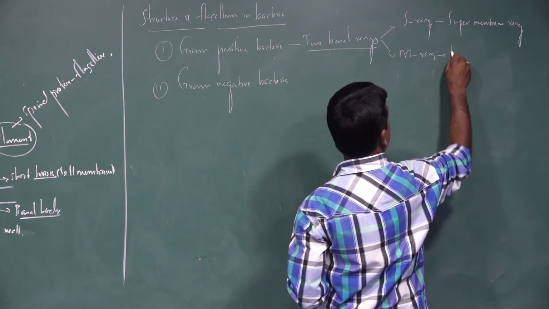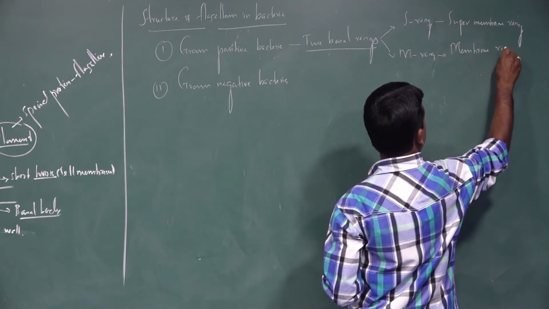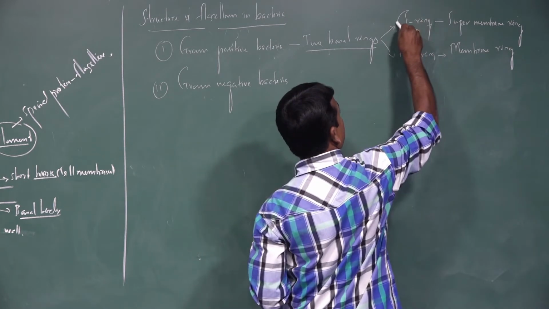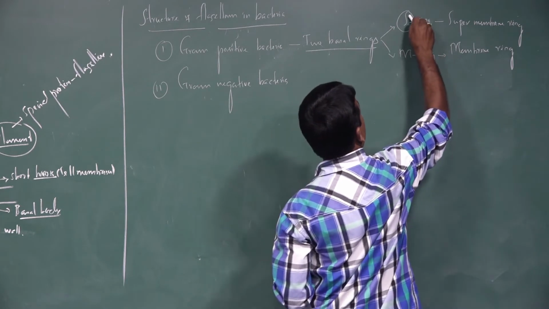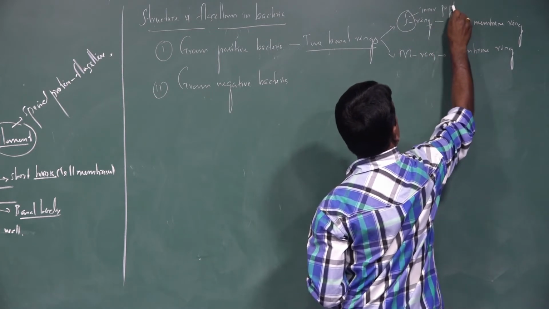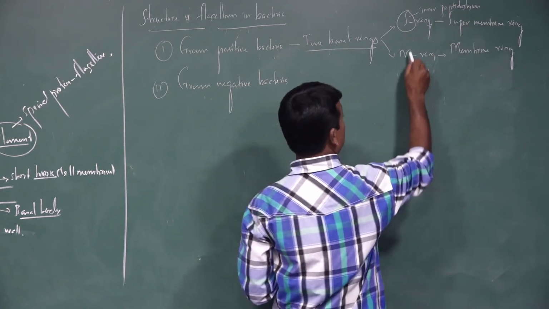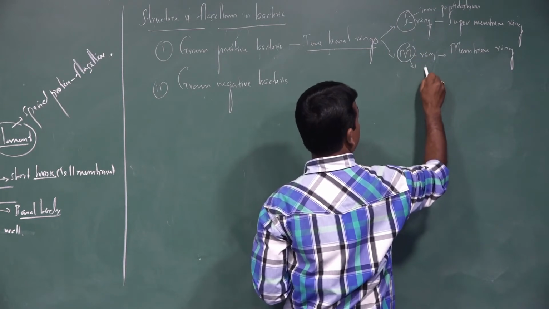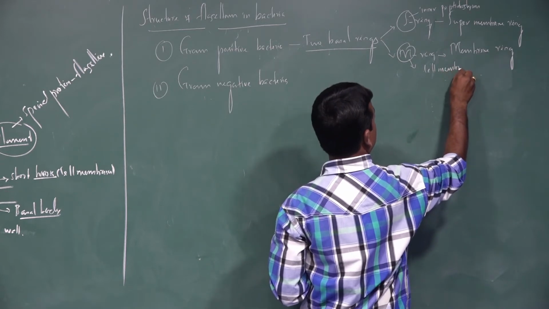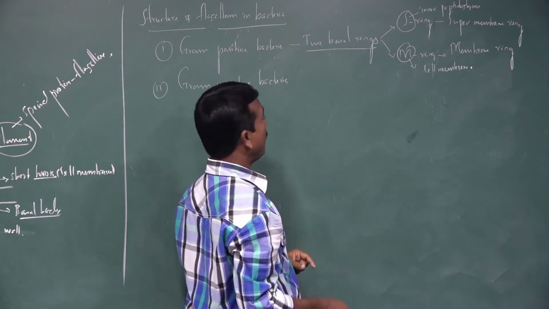What is the M ring? Membrane ring. The S ring is always attached to the inner peptidoglycan. The M ring is always attached to the cell membrane. So there are two rings present in gram-positive bacteria.